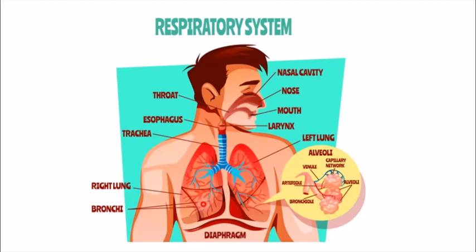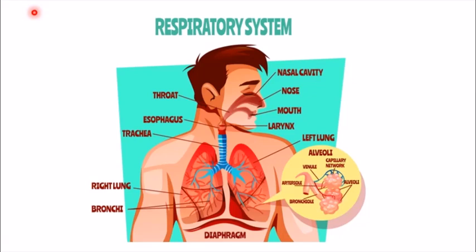All these organs work together, and diffusion of gases takes place. We have learned about the diffusion of gases with the help of alveoli. So with the help of the respiratory system, energy is produced.